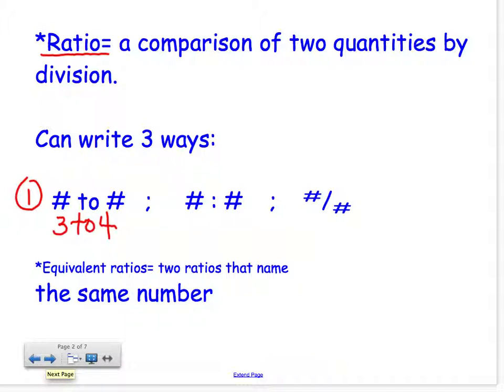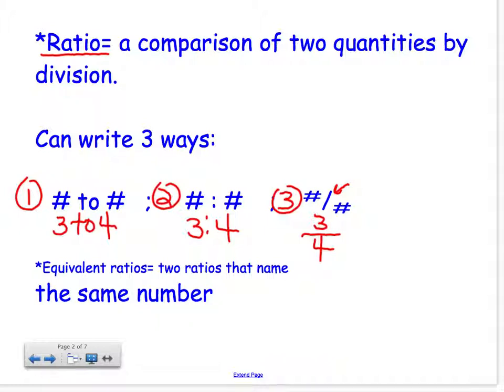The second way is a number colon number, 3 colon 4. And the third way is a number over a number, like a fraction, 3 over 4. You'll see here that there is more of a slash, and that is because of the technology on the computer, but they look just like a fraction. A fraction can be a ratio.